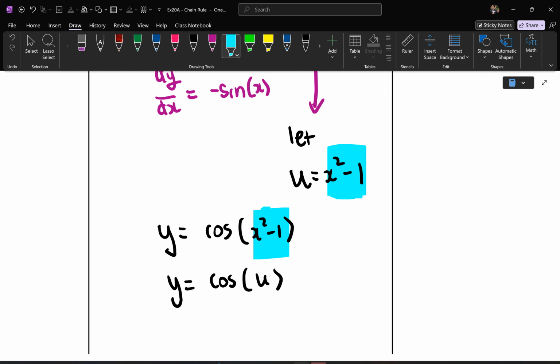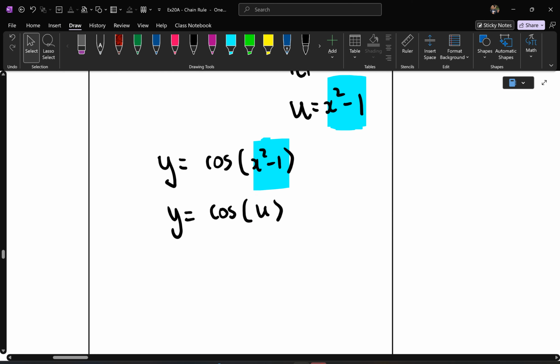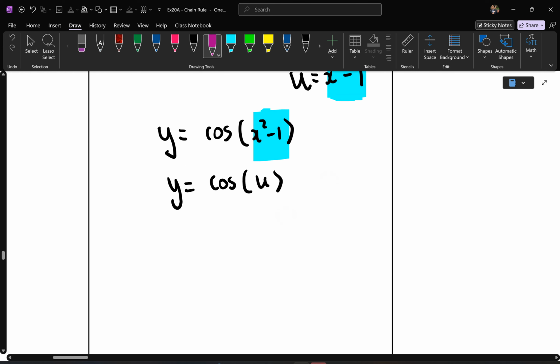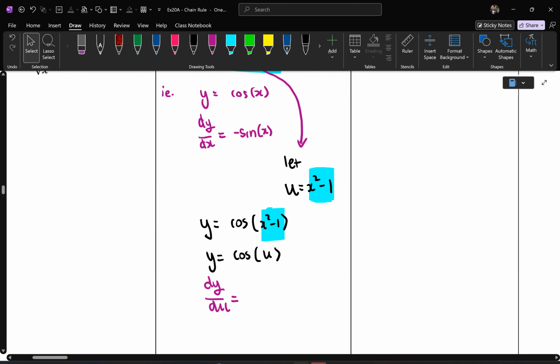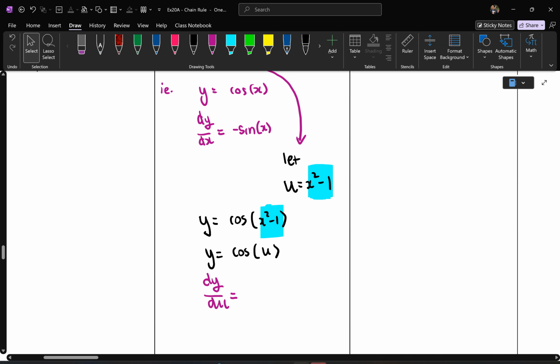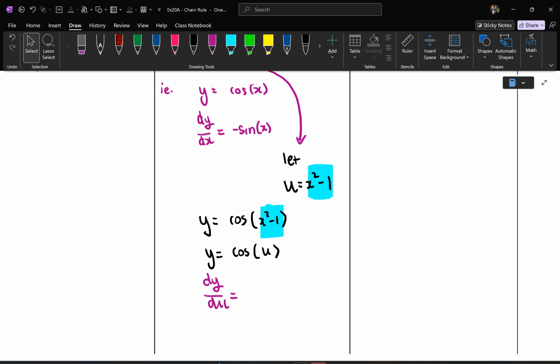So if I asked you now, what is the derivative dy/du, the change in y with respect to the change in u, because that's now u, not x anymore, what is it equal to? If it's cos x, the derivative is negative sine x, then what if it's cos u? What's the derivative?